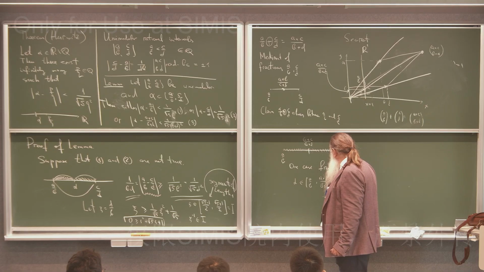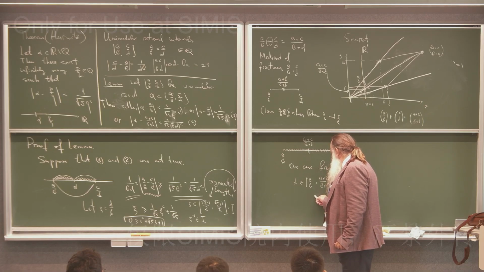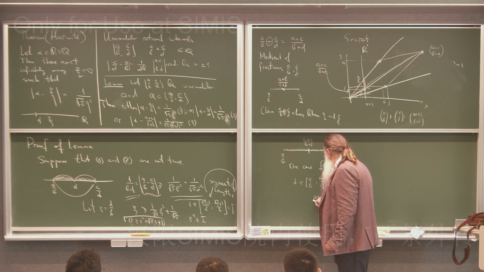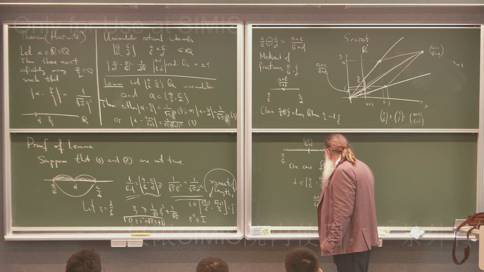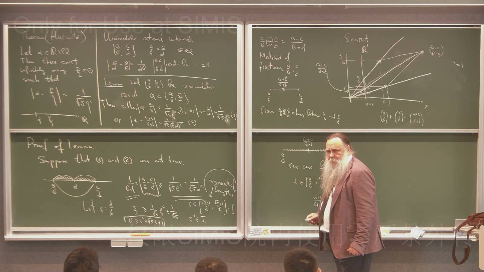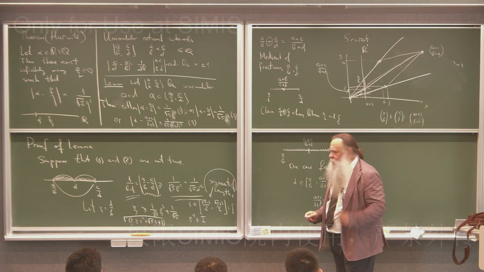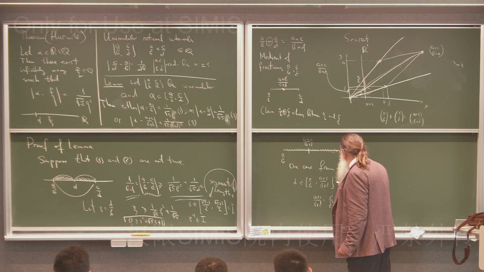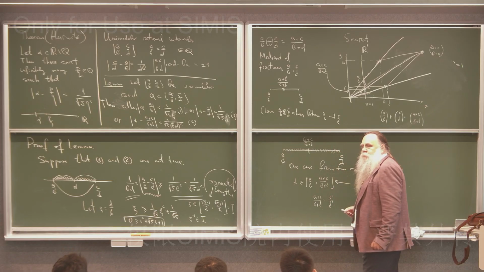Well, let us write A plus C, B plus D as C prime, D prime. What I want to say? I want to say that this interval is also unimodular.